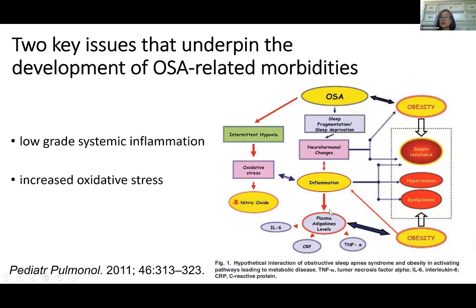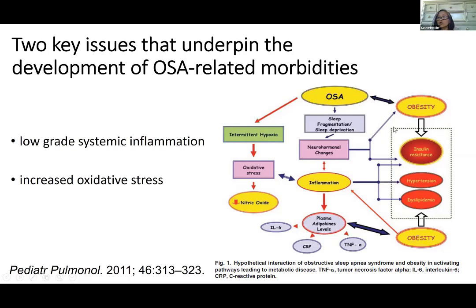Then the inflammatory cascade goes downstream, and you can see the production of a number of pro-inflammatory mediators. And you have swings of your oxygen saturation leading to intermittent hypoxia, which would be oxidative stress, and would lead to decreased nitric oxide and contribute more to your inflammatory pathway.